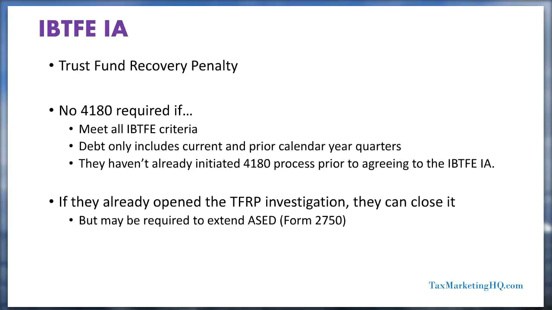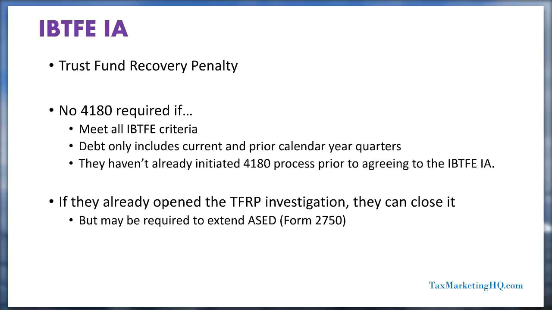So for example, right now at the beginning of early 2015, an IBTFE IA that avoids the trust fund recovery penalty assessment will need to be either the current first quarter 941 or the first, second, third, or fourth quarter of 2014 in order to avoid the automatic trust fund recovery penalty process.